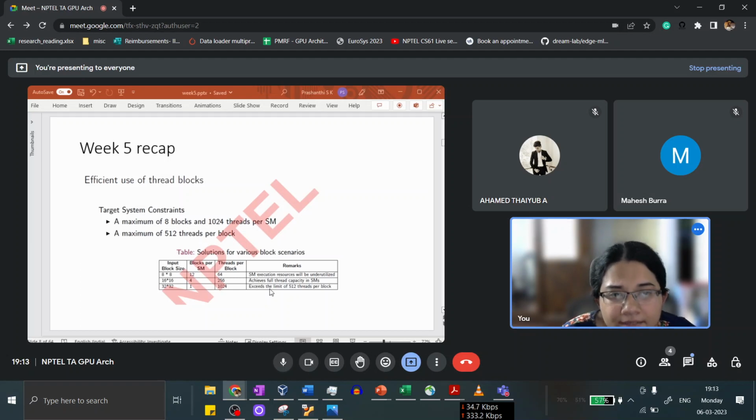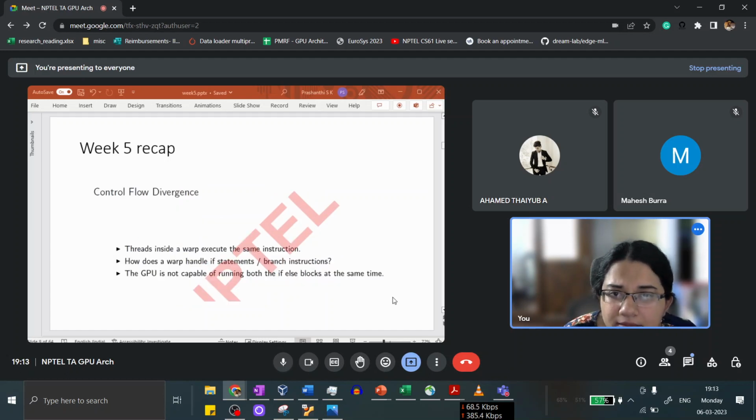Whenever you take a kernel and launch it with some parameters, the scheduling that actually happens considers all of these parameters. That's something you should keep in mind when you solve questions.